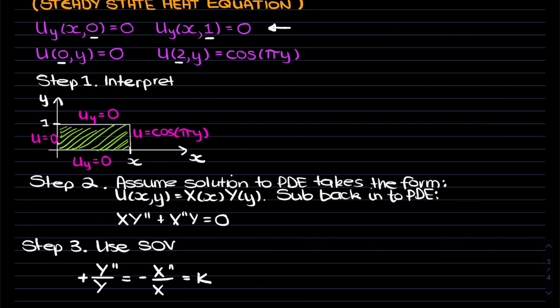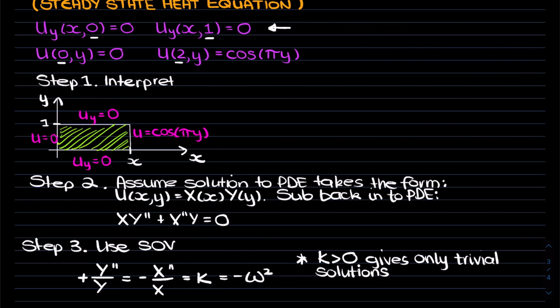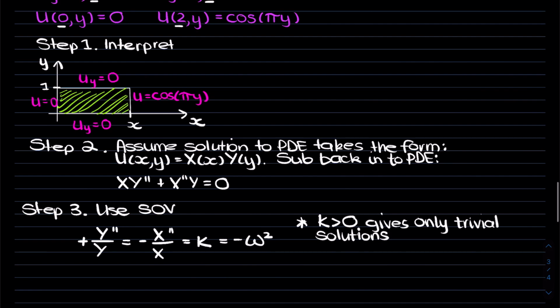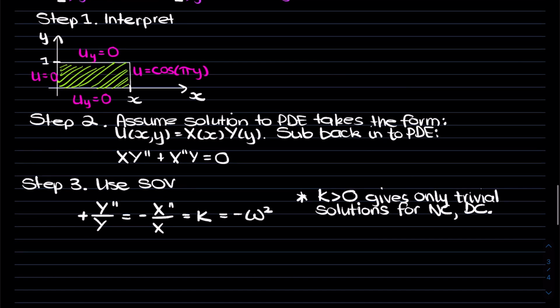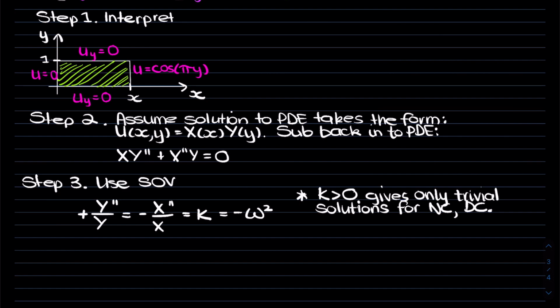But we also know that k can be equal to negative lambda squared, and that is simply because k greater than 0 gives only trivial solutions for Neumann conditions and Dirichlet conditions. So we know that our k must be either equal to 0 or negative.